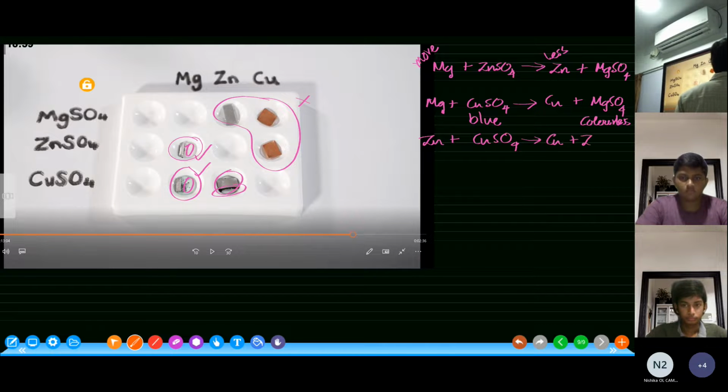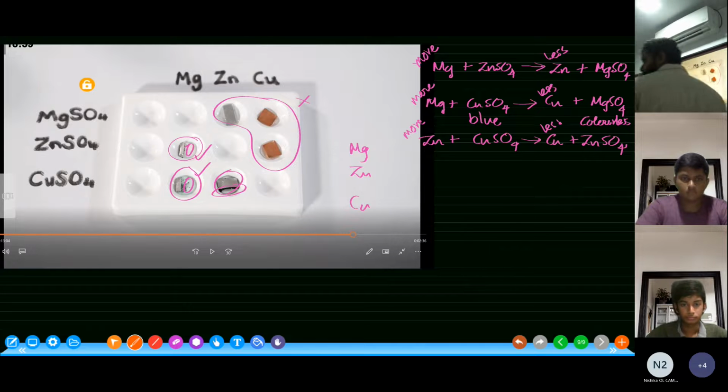Copper plus zinc sulfate. So in all these cases, you derive the reactant metal is more reactive than the product metal, right? Thereby, you can say magnesium is more reactive, zinc is less, and copper is the least.